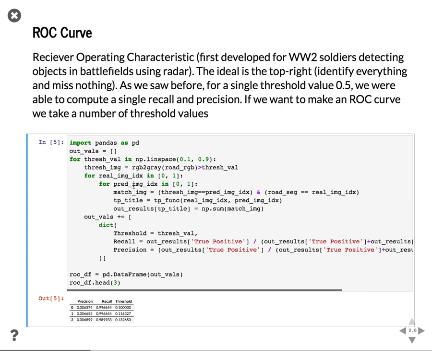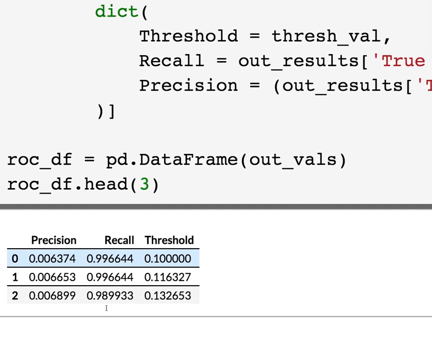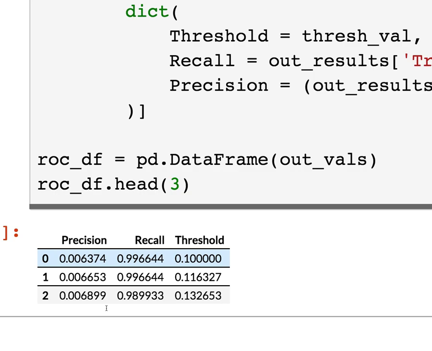And so here we change the threshold between 0.1 and 0.9 and calculate the precision and recall for all of these values. We have this tiny table that shows up here where we see the precision and the recall for different thresholds.